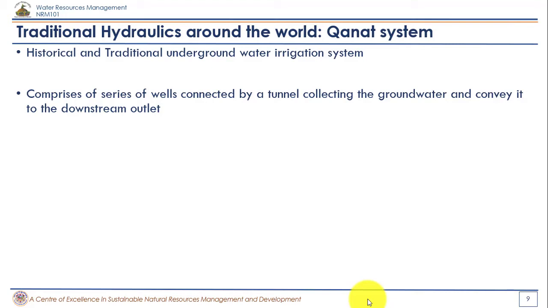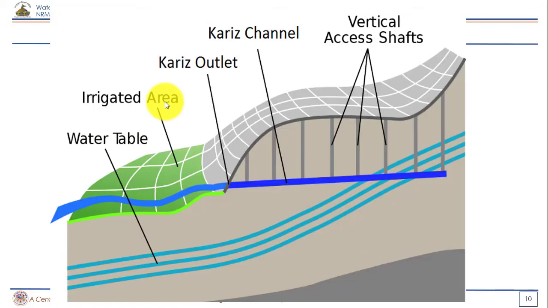So basically, it has lots of connections of wells. You can find a tunnel of 7 kilometers connected through a series of wells. I'll be explaining this in this slide.